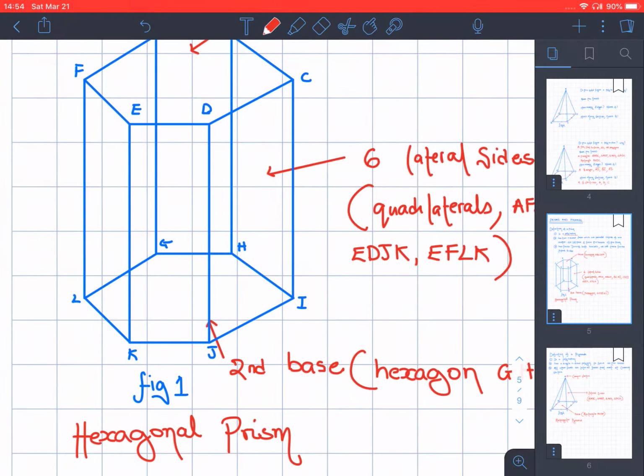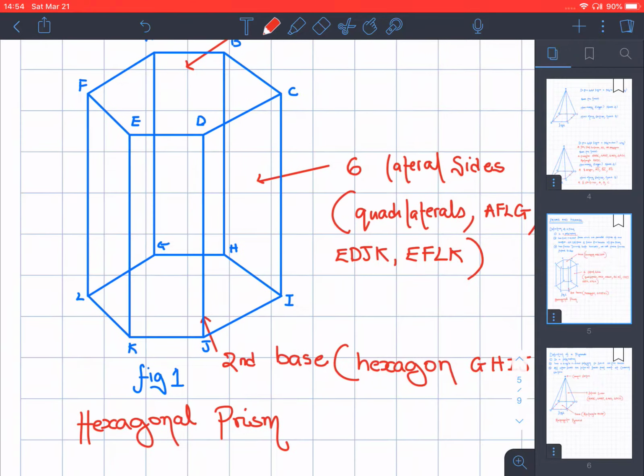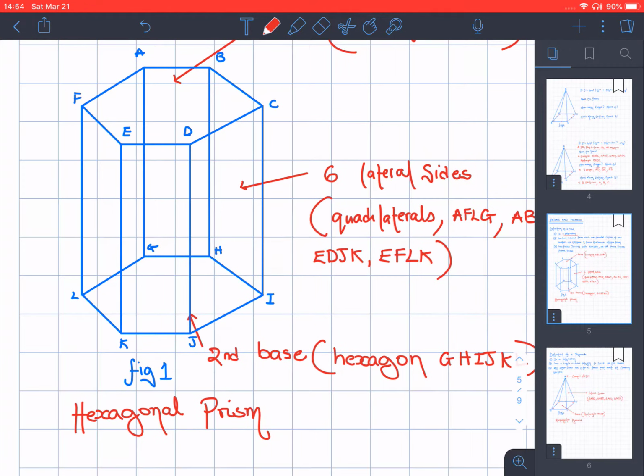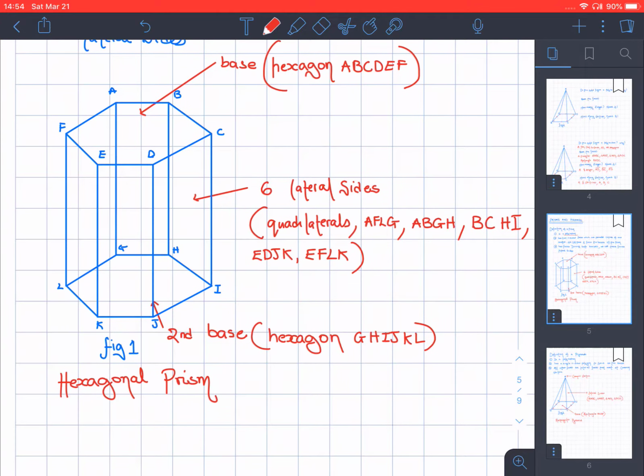The way you think about it, and that's why we can only select the two hexagons as our bases, is that we have a base up top, that's hexagon A, B, C, D, E, F, and we have a base at the bottom, which is hexagon G, H, I, J, K, L, and you can see that you just have straight faces joining both these hexagons.